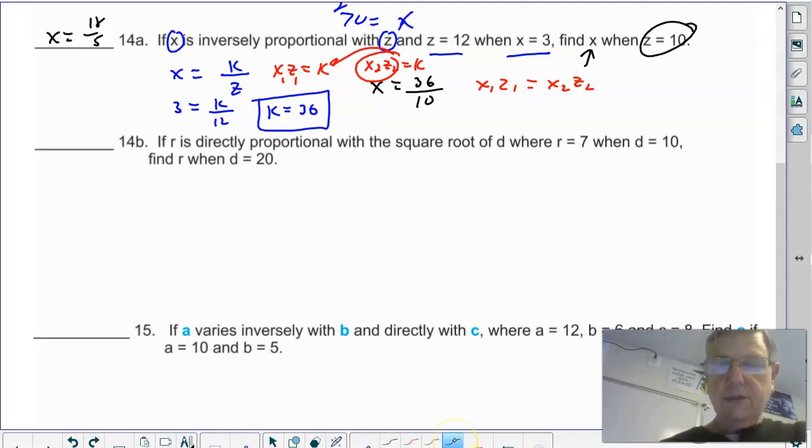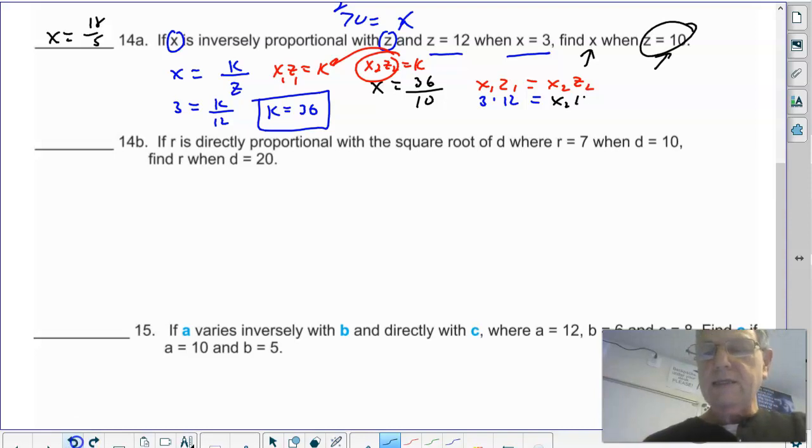So my first x was 3, my z1 was 12, my x2 is what I'm looking for, and my z2 is 10. Divide both sides by 10, and sure enough, you get 36 divided by 10, which again is 18 fifths. So two different ways of doing it.